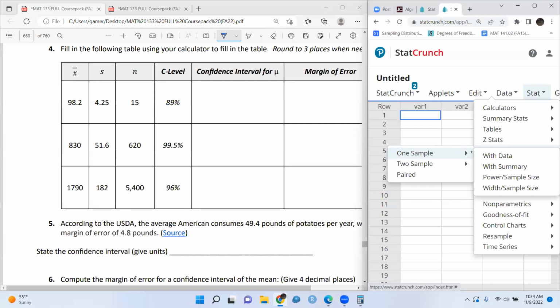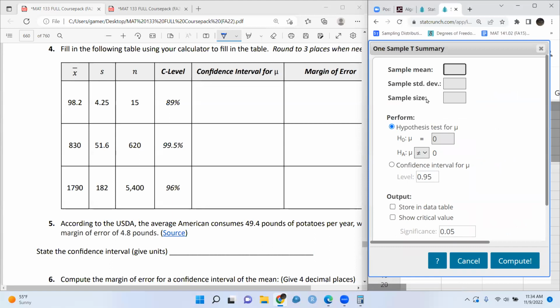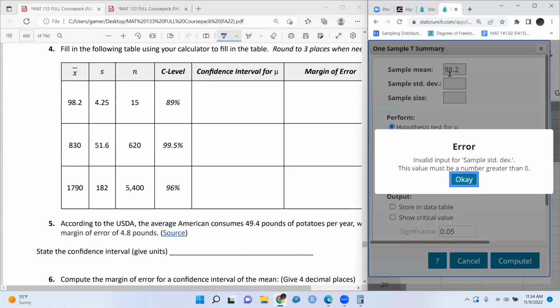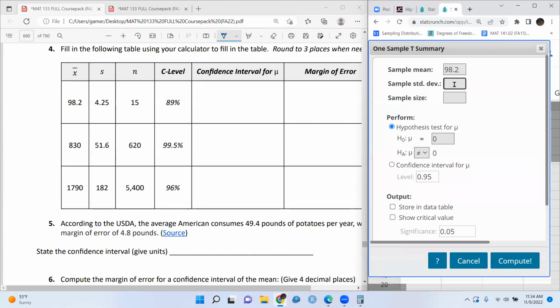We have an X bar and an S. So we're going to do with summary. Now notice what StatCrunch wants. They want the X bar, they want the S, and they want the sample size. So 98.2, 4.25, sample size of 15.